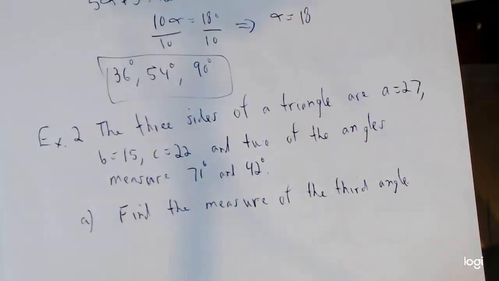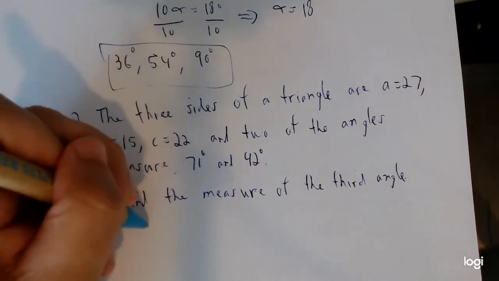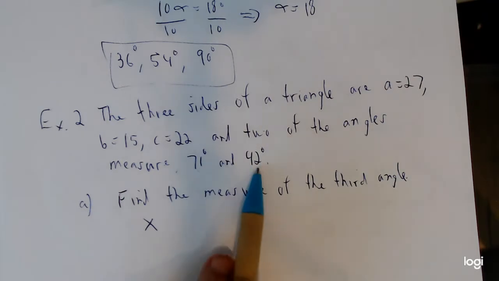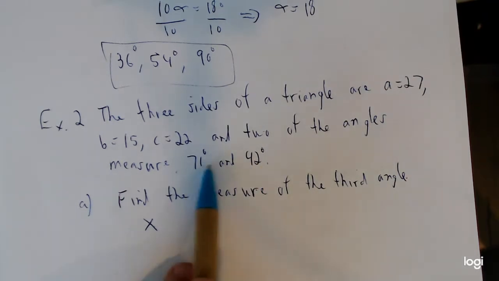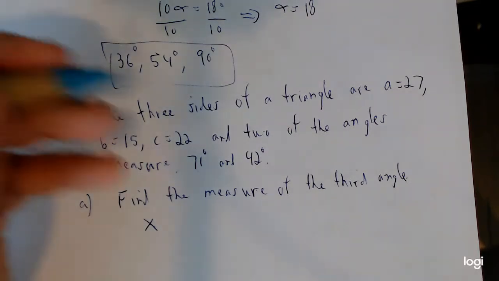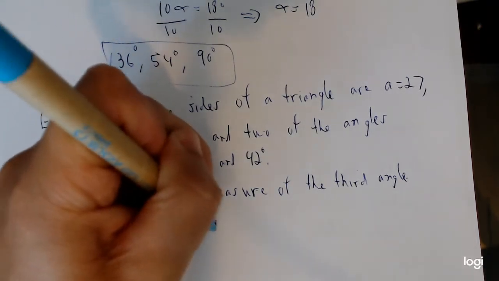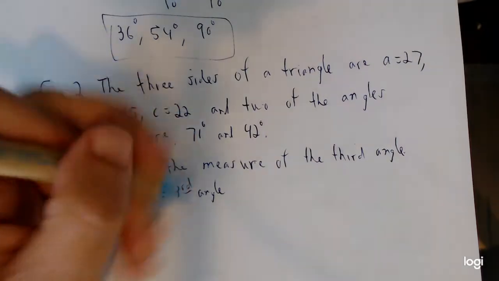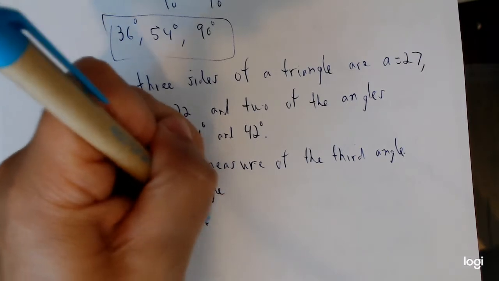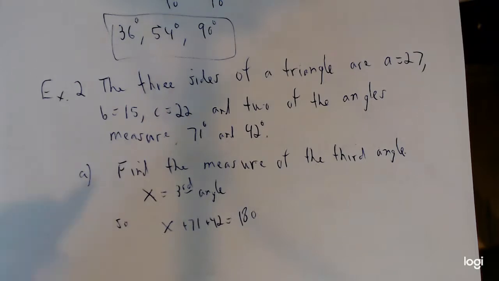Okay, which shouldn't be bad, because what is it that we know? If I have 2 of them, let's call the third angle x for now. If I take x and add 71 and 42, and since these are all the angles of a triangle, we know that they should add up to 180. So let x equal the third angle. Then x plus 71 plus 42 has to equal 180, which gives us a nice clean way of solving for x.